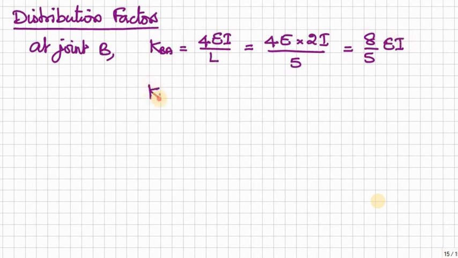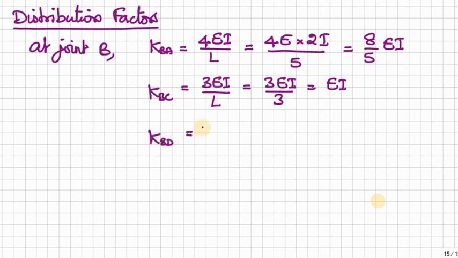Similarly, KBC is equal to 3EI by L, because support C is simply supported or hinged, and I is I itself. Therefore, 3I by 3, which is equal to EI. Similarly, KBD is equal to 4EI by L, because support D is fixed. Therefore, 4EI by 3.